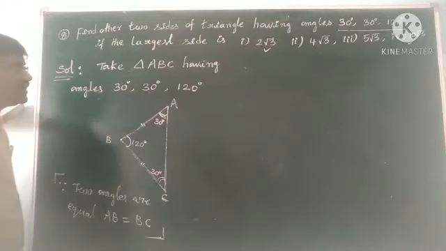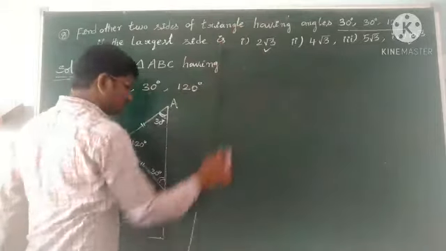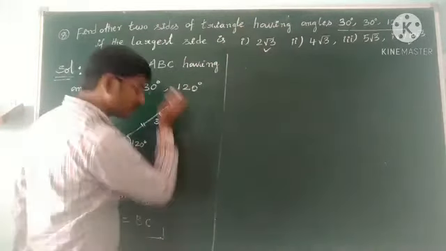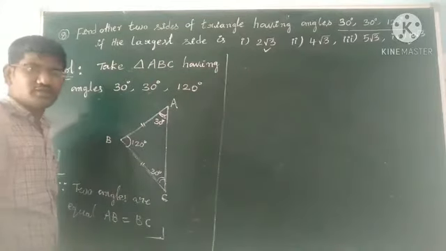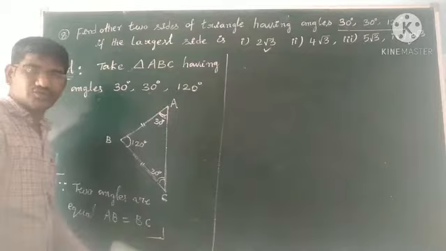Okay, and now see my dear students, we know the respective sides ratio of a 30, 30, 120 degrees triangle.